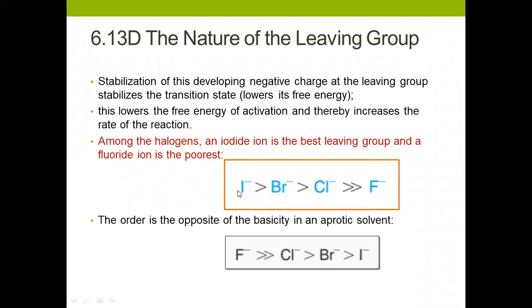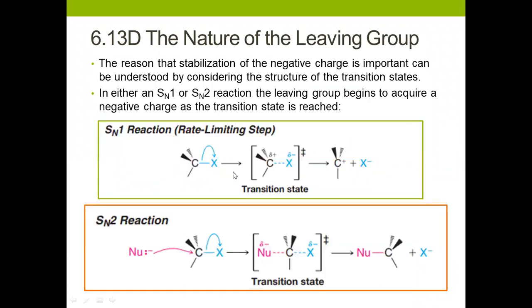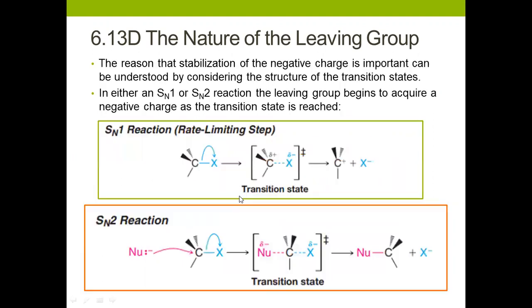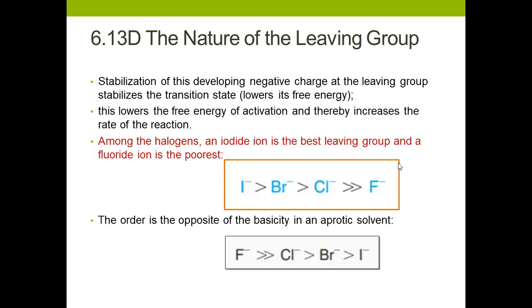So if you have C-X, with iodide, bromide, fluoride, the best leaving group among these is the iodide. Once it forms the anion, the iodide is much more stable than the fluoride, again because iodide is a larger atom than fluoride, and this iodide can be more easily stabilized by virtue of polarization.